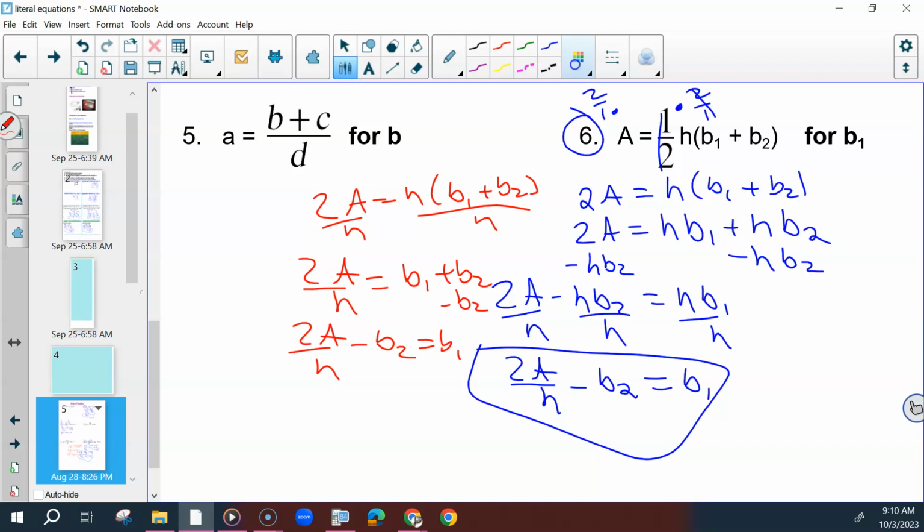Do we have any other questions on 6 or other questions on this page in general? Okay. When we get rid of the 1/2... Mm-hmm.